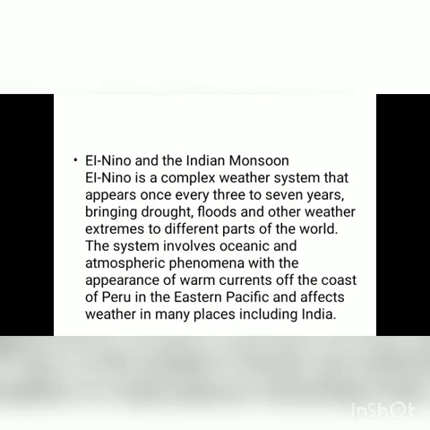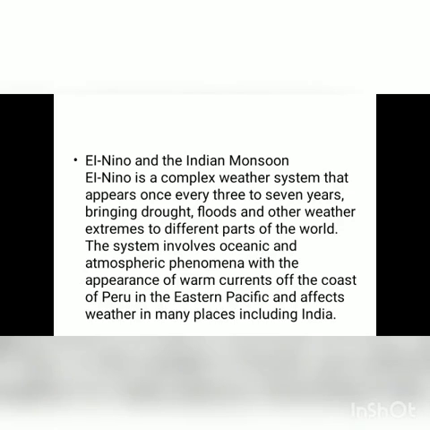Next is El Nino and the Indian monsoon. The role of El Nino in the Indian monsoon. El Nino is a complex weather system that appears once every 3 to 7 years, bringing drought, floods, and other weather extremes to different parts of the world.